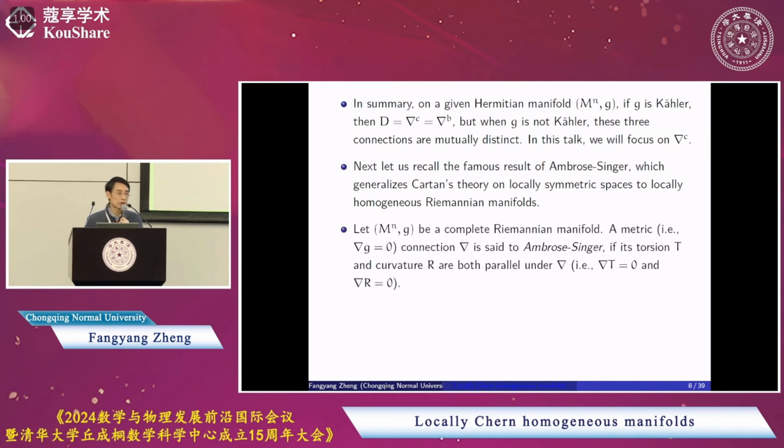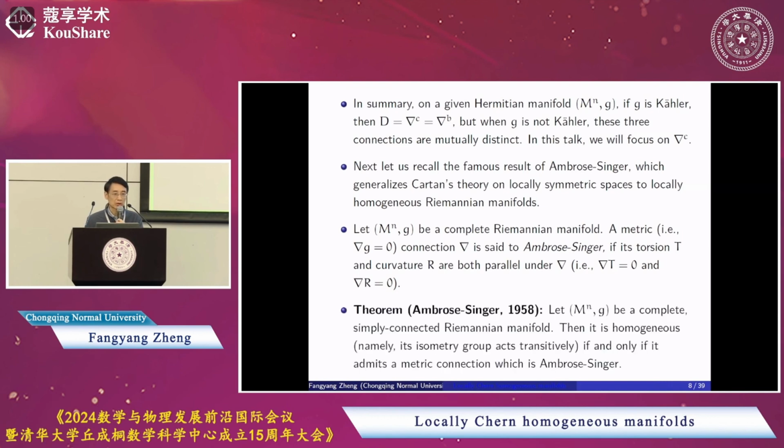We call a metric connection Ambrose-Singer if it has parallel torsion and curvature. The classic theorem of Ambrose-Singer in the 1950s says that if you have a complete Riemannian manifold, then it's locally homogeneous if and only if it admits a metric connection that is Ambrose-Singer.